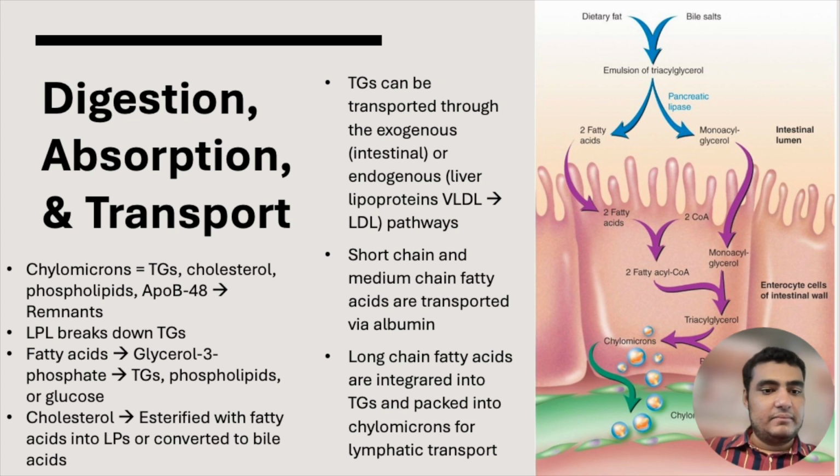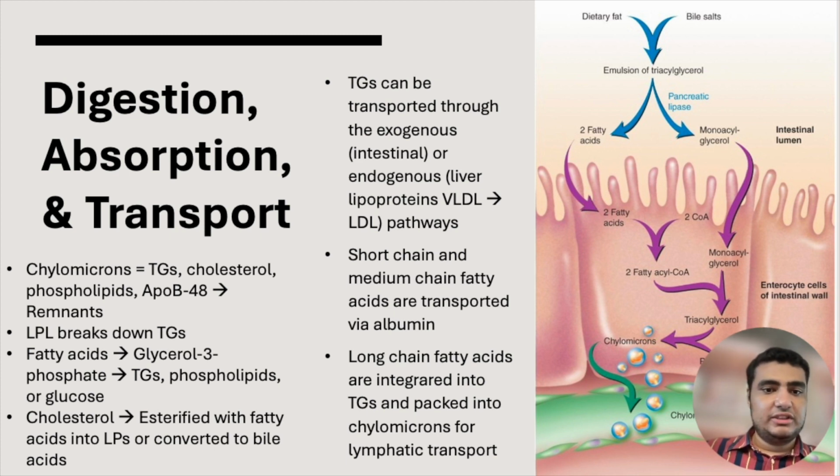Once these chylomicrons are formed, we want the fatty acids from these chylomicrons again. There is an enzyme found in the endothelial layer of blood vessels called LPL, or lipoprotein lipase, which breaks down the triglycerides into fatty acids, then glycerol 3-phosphate, and forms the triglycerides again, taking them out from the chylomicrons.